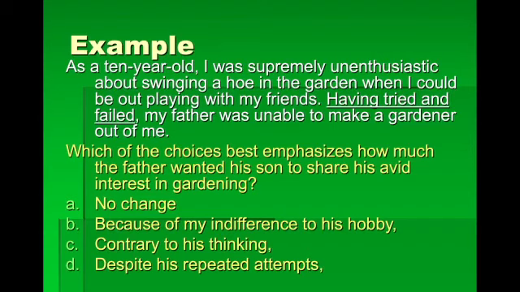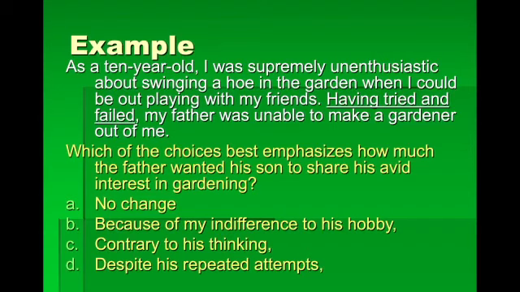Well, we know as a 10-year-old he was supremely unenthusiastic. He does not want to garden. Having tried and failed, my father was unable to make a gardener out of me. It sounds like Dad tried.